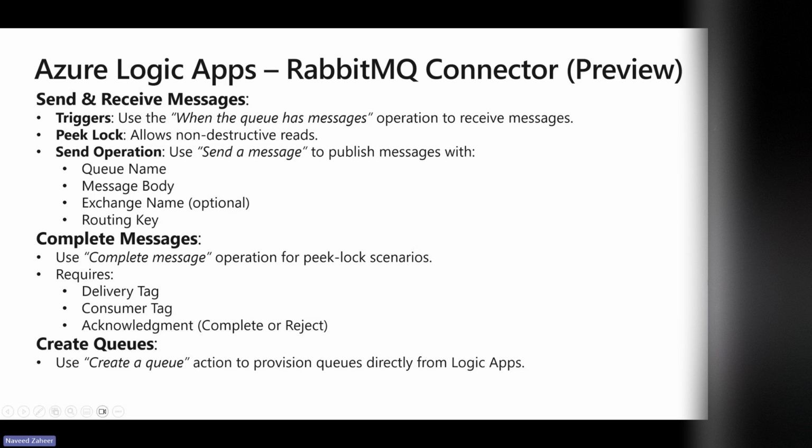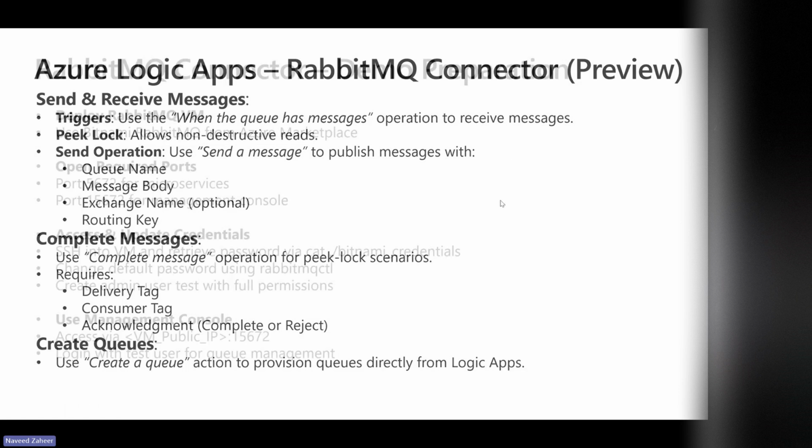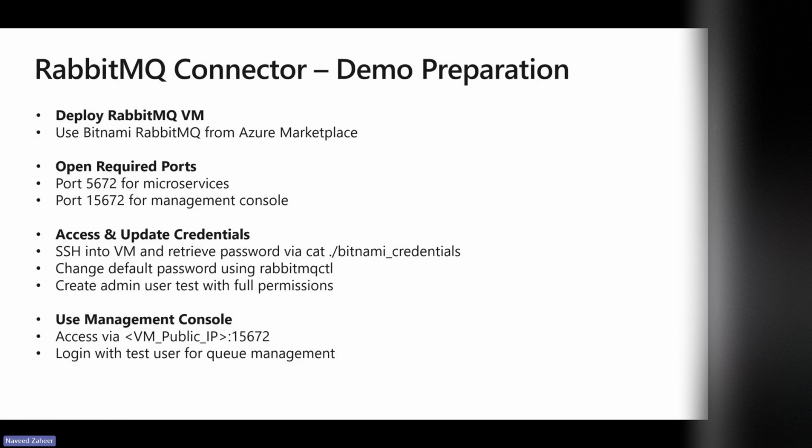In order to test it, you have to have a RabbitMQ cluster, and I have a third-party resource at the end which tells you how to create that cluster. Very simply, you can create an Azure VM and install RabbitMQ on it.